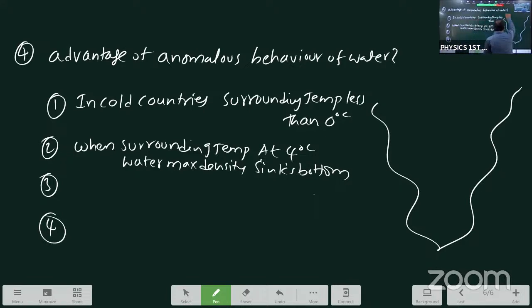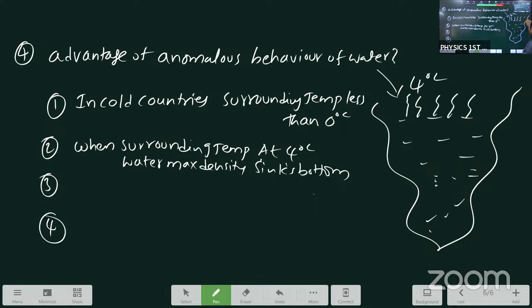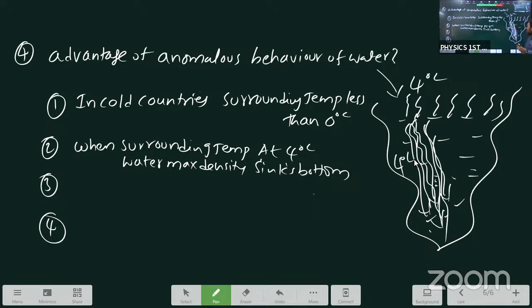When the surrounding temperature is 4 degrees Celsius, student, because at one particular place the temperature goes 10, then 9, then 8, 7, 6, 5, 4. When it is 4 degrees Celsius, take the example of a lake or pond, anything, no problem. 4 degrees Celsius surrounding temperature means the water becomes more dense, meaning this water sinks down, slowly coming towards the bottom of the lake. What is the reason? 4 degrees Celsius. This is a natural phenomenon, student.